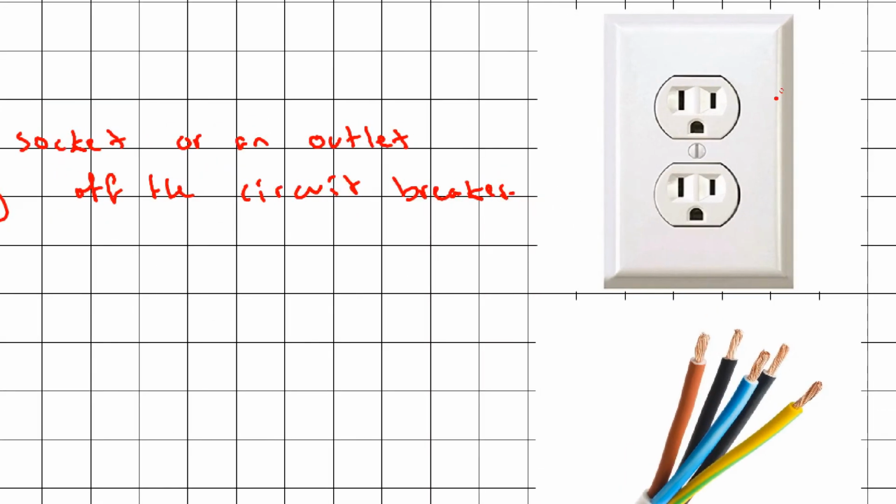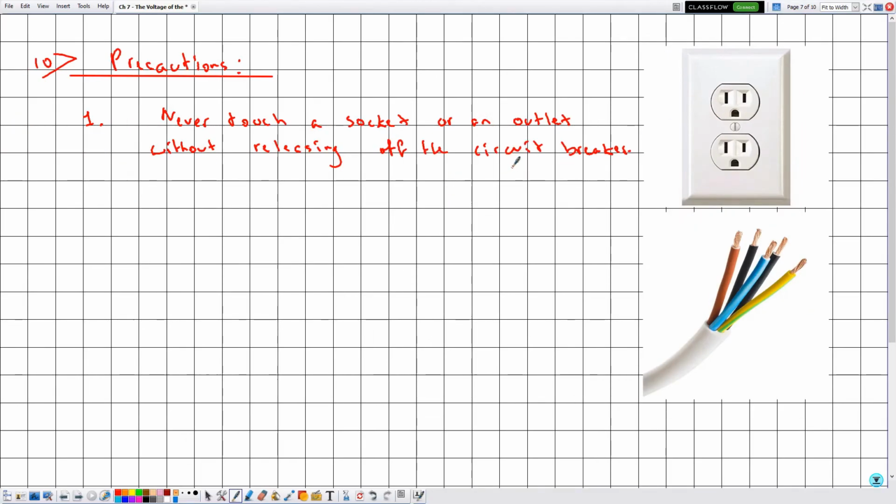So we never touch this outlet, and if you want to touch it for some reason, for example, if you want to fix something, then we should first release the circuit breaker or the differential circuit breaker installed in our homes.